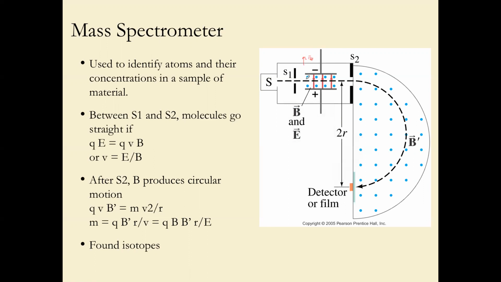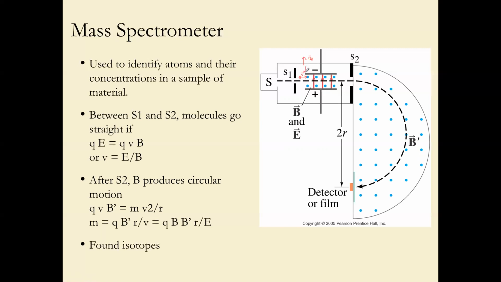The positive charge is moving towards the right, so the direction of v is to the right, and the magnetic field is out of the page. What is the force acting on this moving charge due to the magnetic field? Put your finger in the direction of v and curve your finger in the direction of the magnetic field, which is out of the page. So the force will be downward.